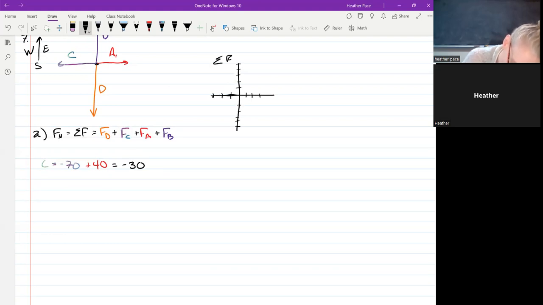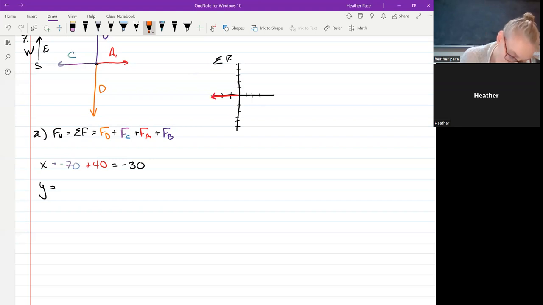All right. Resultant force is going to look like that. All right. So now let's look at giving ourselves a Y component. We're going to add D, and D is 90.